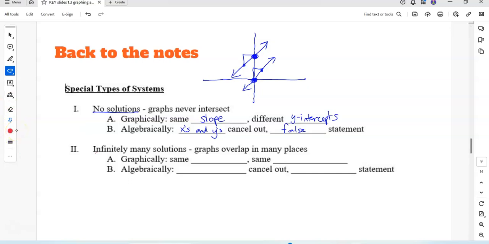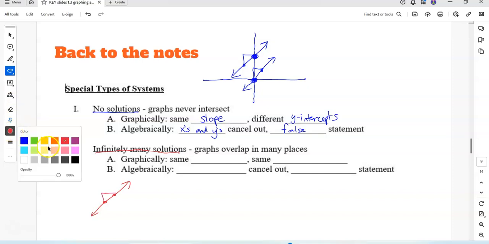Same on the infinitely many solutions. Infinitely many solutions just means you have one line, has some slope, rise over run. But then we have another line, which I'll graph in, let's do green, that has exactly the same slope and the same y-intercept. So like if I were to plot these on a coordinate grid, oops, that's ugly. Sorry.